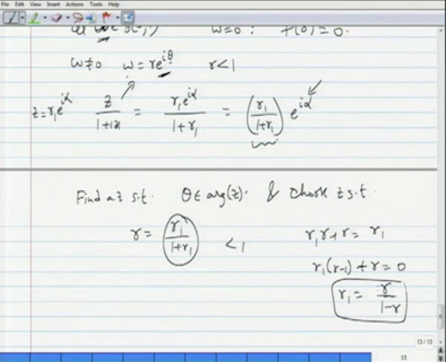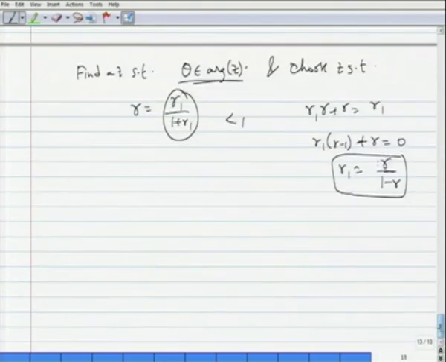So, if you choose r_1 equal to r/(1-r), and θ belongs to arg z, then r/(1-r) e^{iθ} is a complex number z whose image is equal to the given w. So, definitely this map is onto. So, that shows this exercise.